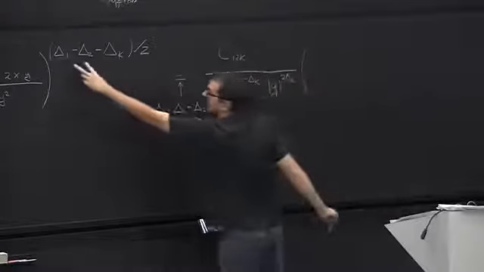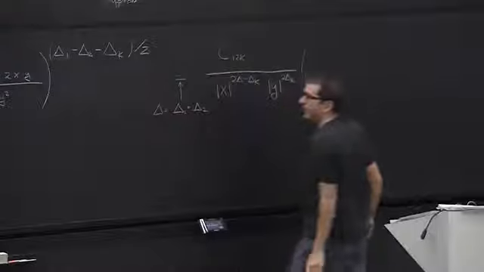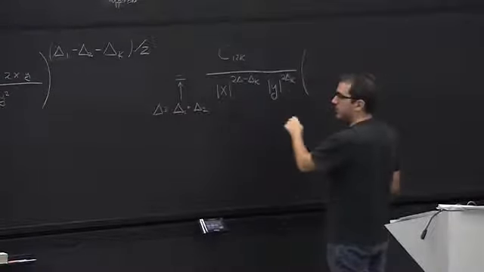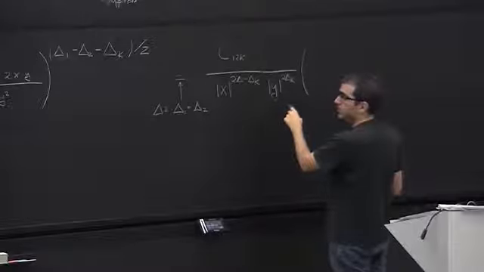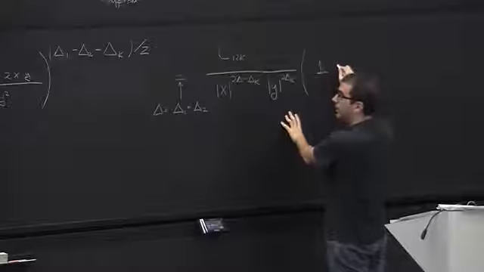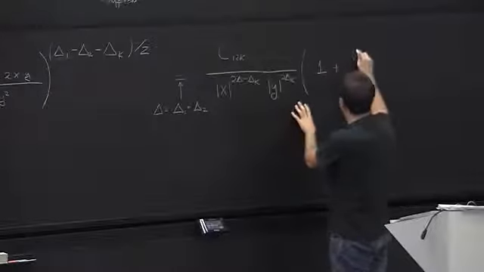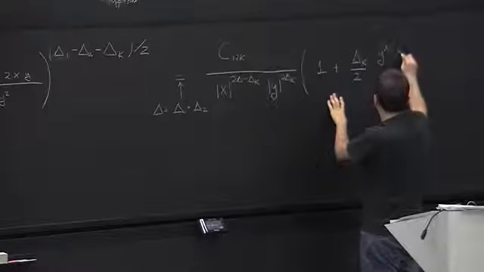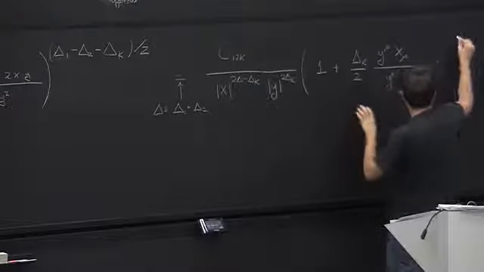So these guys are the same, so they don't matter. And then we get just delta k. And when y is large, the second one is the important one. The 2 cancels with this over 2. So we get 1 plus delta k over 2 times y mu x mu, I'm just writing the scalar product explicitly, over y squared plus dot dot dot.